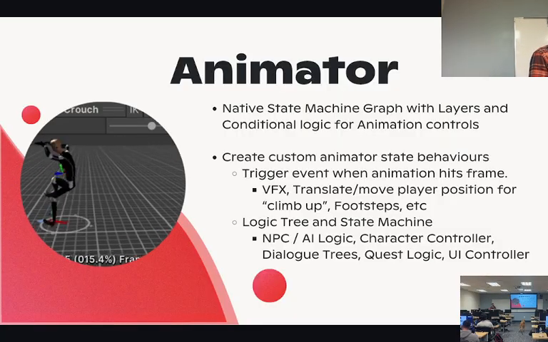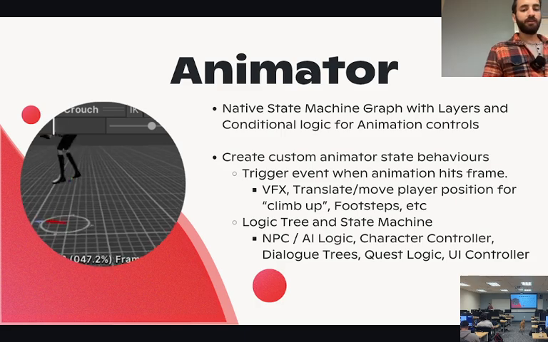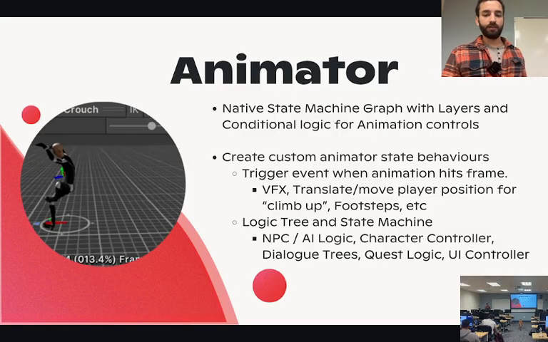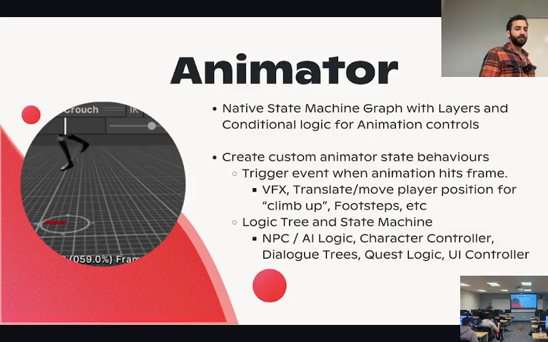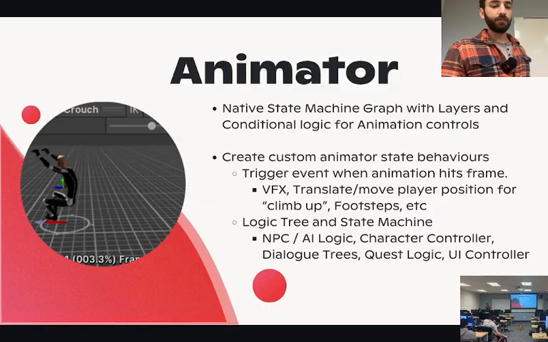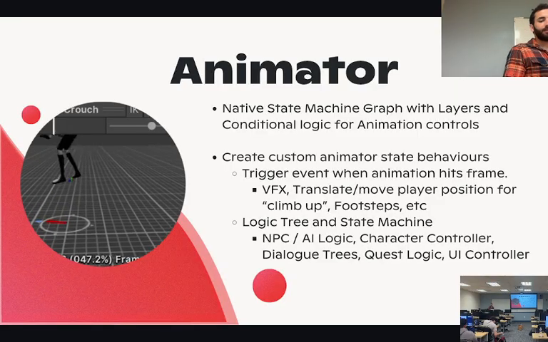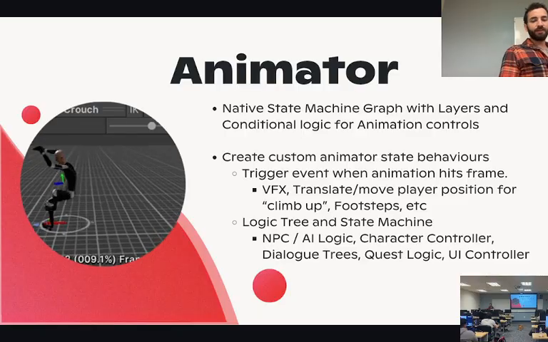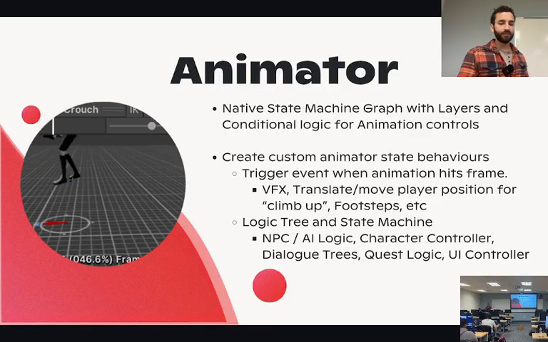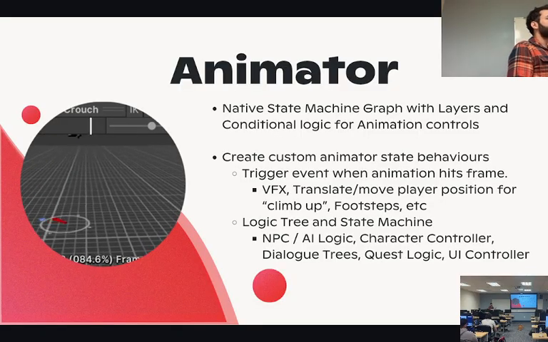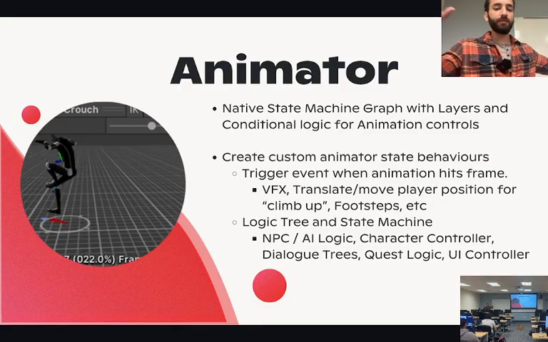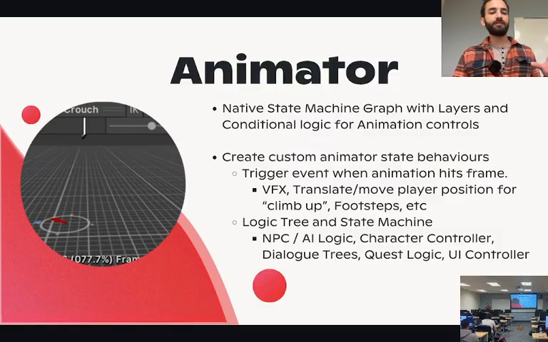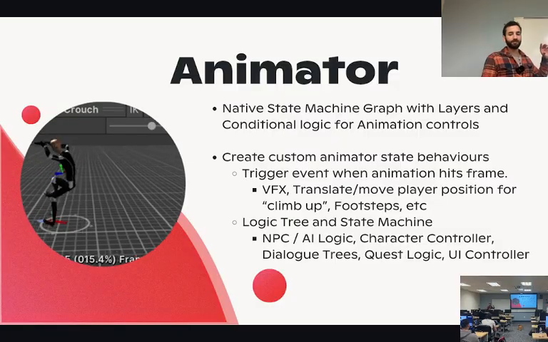You're going to be dealing with animators and designers, and they're going to want to control animations and not require a developer. So Unity's approach is this animator system, and it's a window for a native state machine, and you can have layers and conditional logic for animation control. So you can have different states and direct them to different points. And then each of these states you could assign custom behavior to.